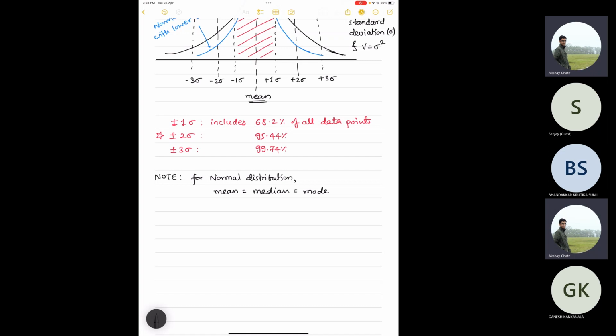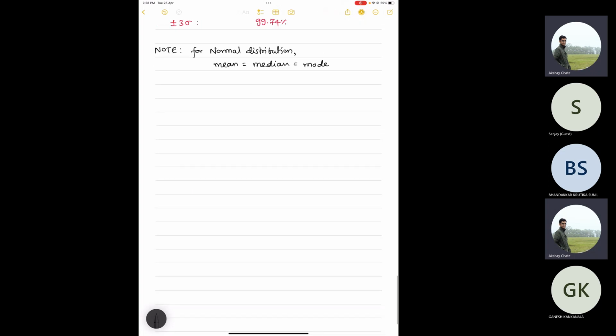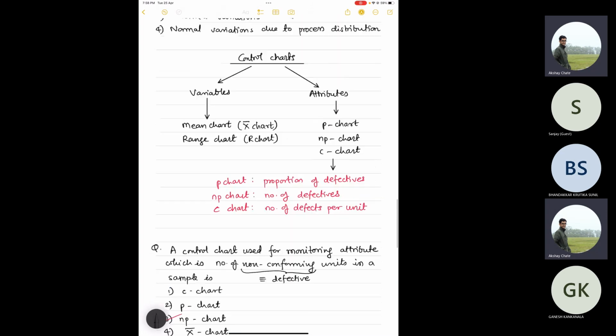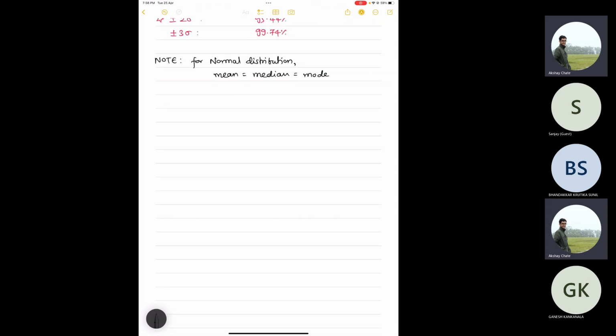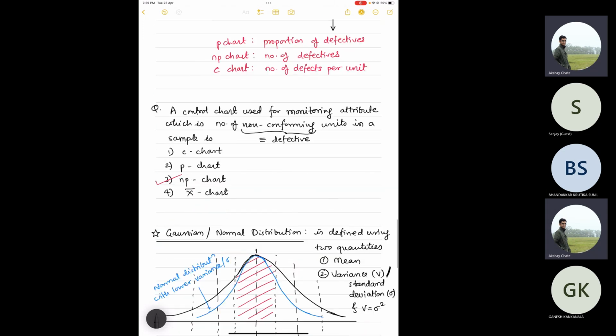So yeah, we will go with the first. As I said, for variables there are 2 types of charts, mean chart and range chart. We'll take one example where we have a mean control chart for a variable. So let me just see the data. Mean control chart.